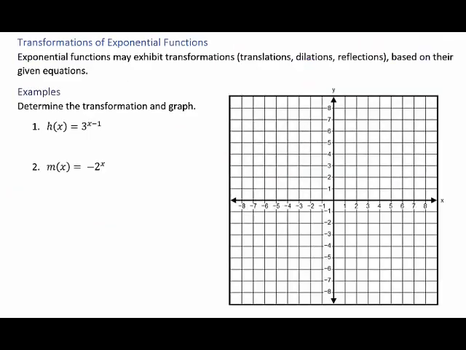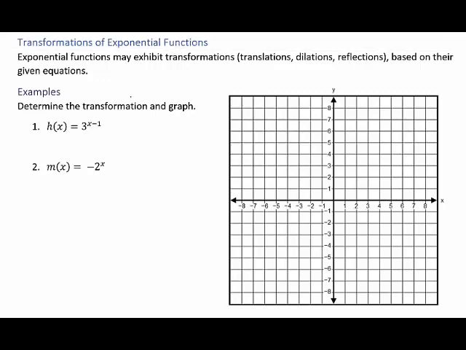And lastly, let's take a look at some transformations of exponential functions. Remember, the main types of transformations are translations, which are shifts of the graph, dilations, which are stretches or compressions, and then reflections, which could be about the x or the y-axis. We should be able to tell these based on the given equation.